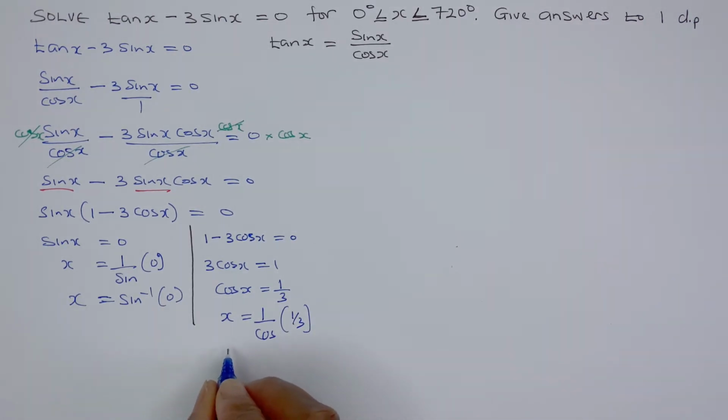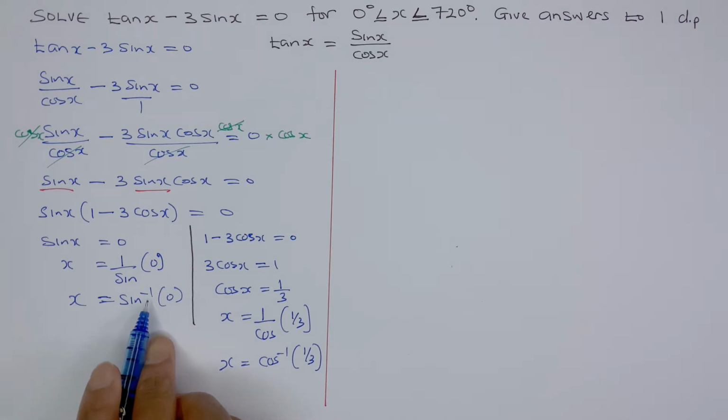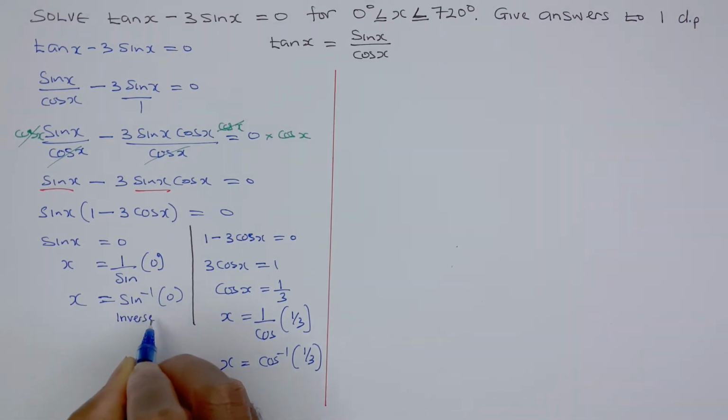And then in indices, 1 over cos is cos to the power minus 1, 1/3. So we have x equals inverse sine.